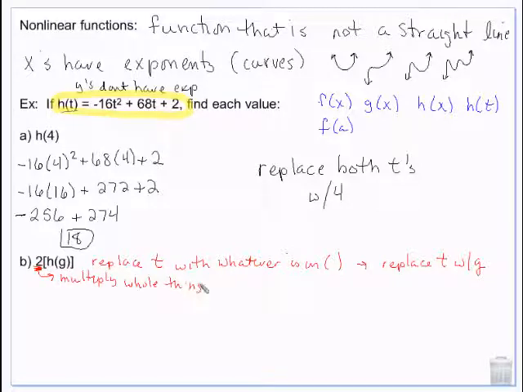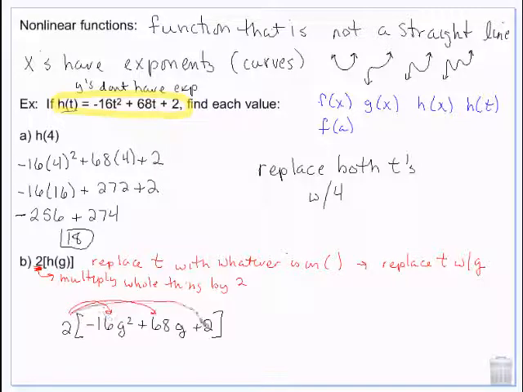So the setup on that is going to be 2, and then instead of t squared, I have g squared, and instead of t, I have g, and then 2. So I replaced the t's with g's, and then I have to multiply the whole thing by 2.